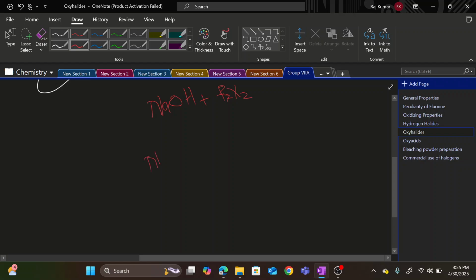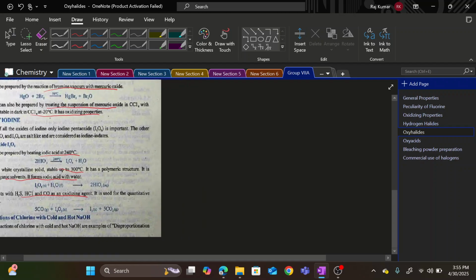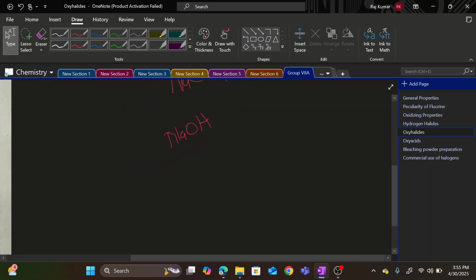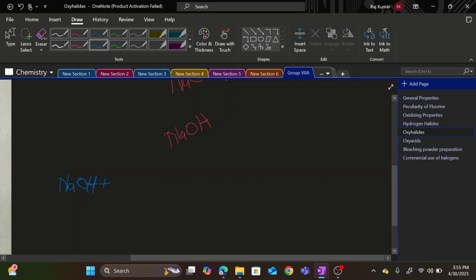Suppose I take sodium hydroxide and react it with chlorine at -10 centigrade.